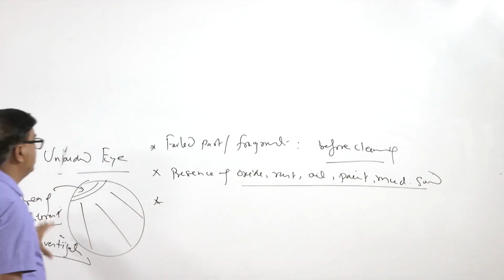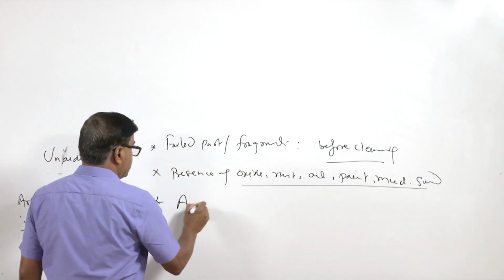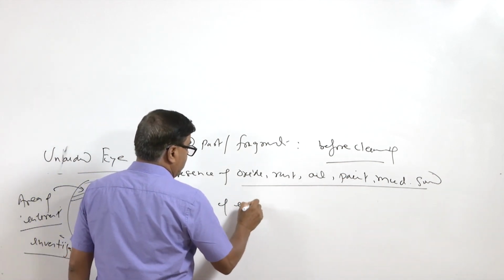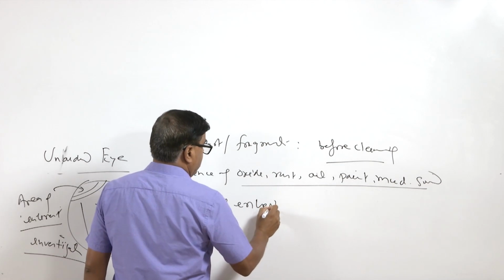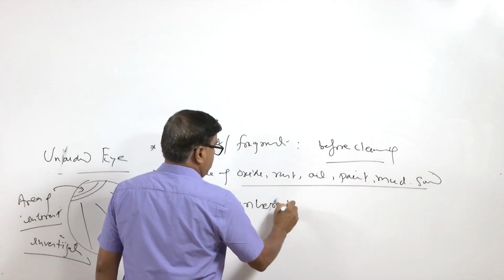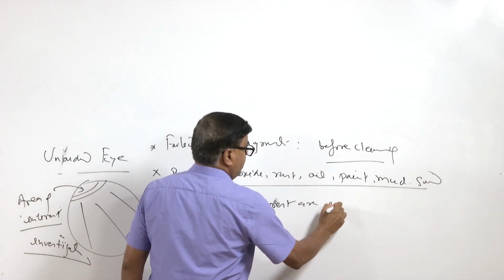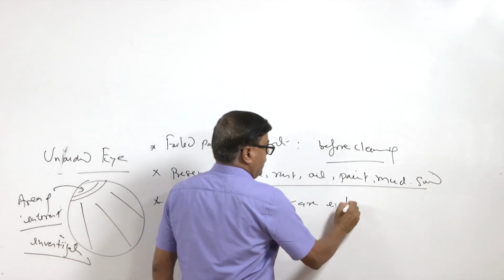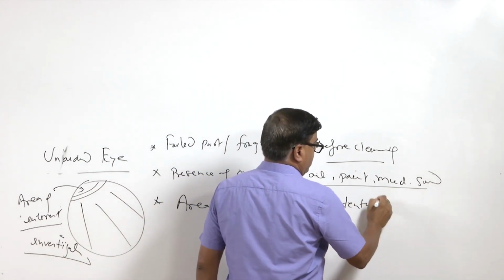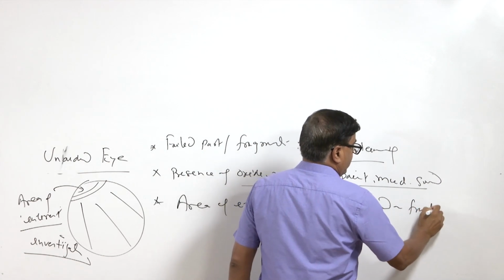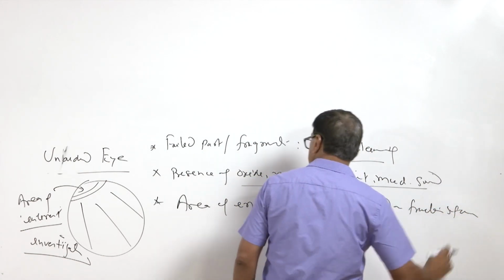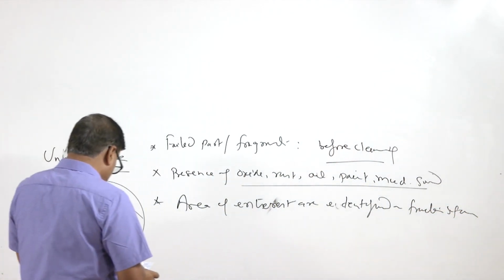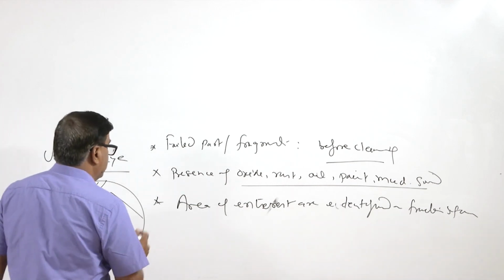So, such areas of interest are identified on the fracture surface. So, this is the third point.